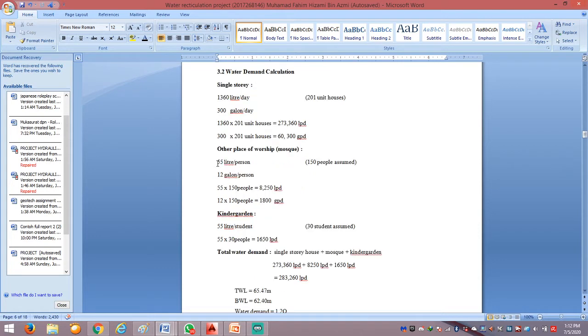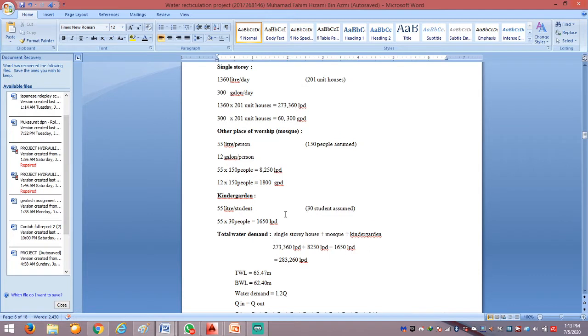Same goes for the worship place and the kindergarten. 55 is the water demand, which I multiply by 150 people that I assume at the area. For the kindergarten, I assume the students number 30, because this is just a kindergarten and not a primary or secondary school, so maybe there are not too many students.